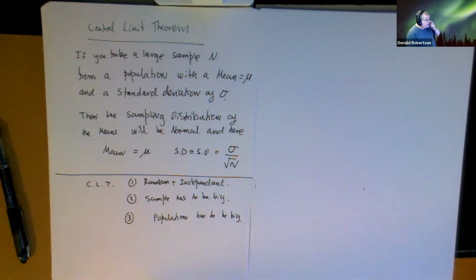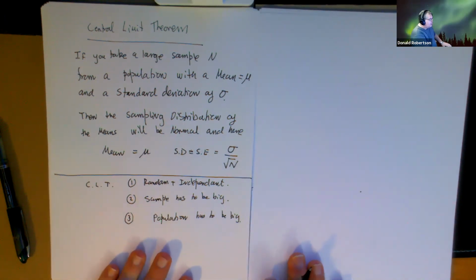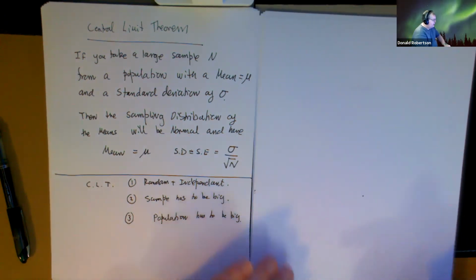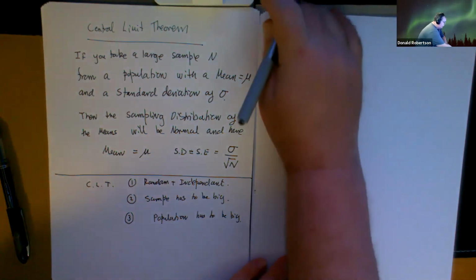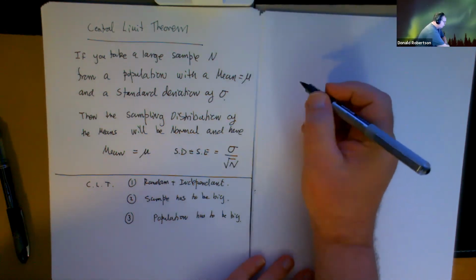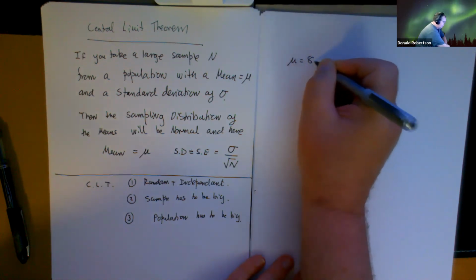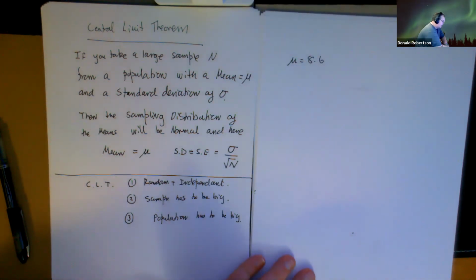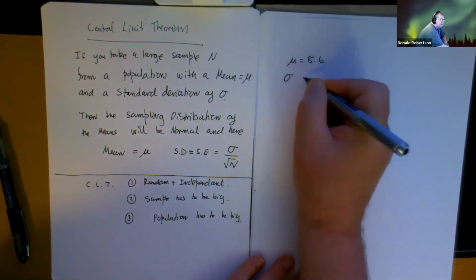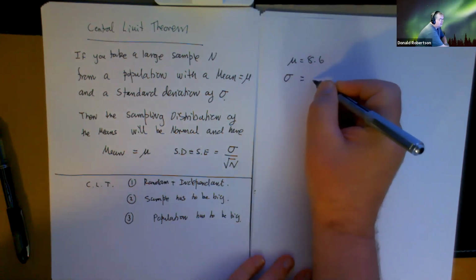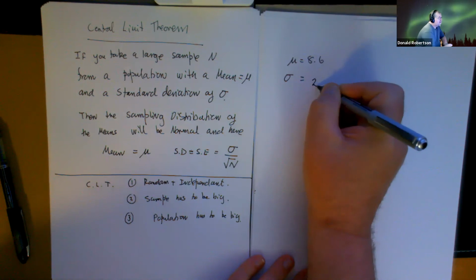now you can't see the question that we had a few minutes ago, but I'm going to now go through that question. In this particular one, the mean length of a shower was 8.6 minutes, and the population standard deviation for this was 2 minutes.